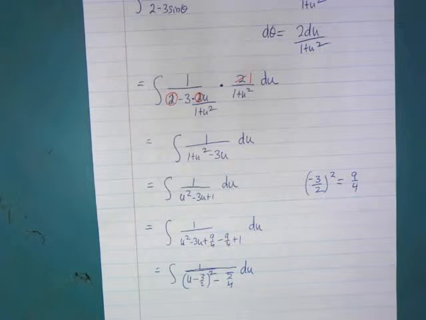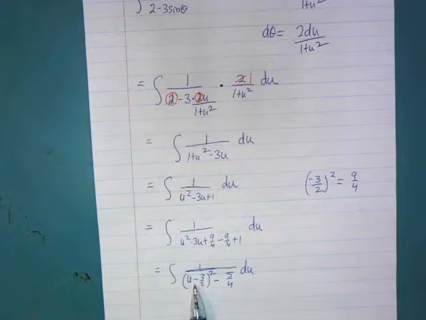And then that's supposed to match something we know. That would be the reverse side, like u squared minus a squared.